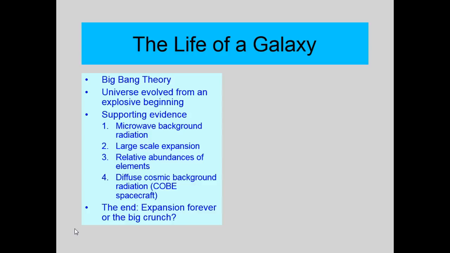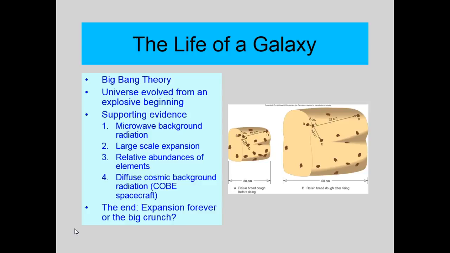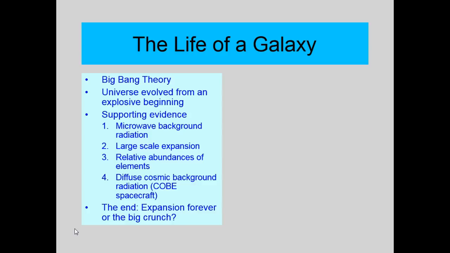Here's another piece of evidence. Large-scale expansion. Now, let me hold on just a minute. Yeah, okay, we're going to get to that. They have done enough measurements of things like other galaxies.